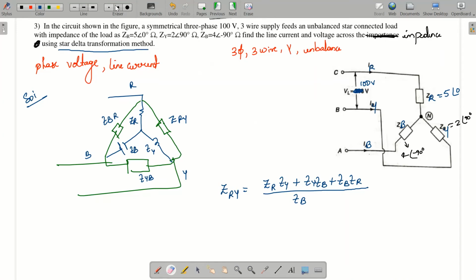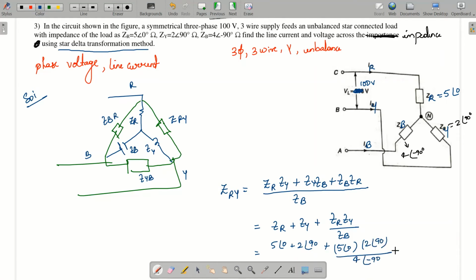In the simple way, write it as ZR plus ZY plus ZR ZY divided by ZB, which is 5 at an angle of 0 plus 2 at an angle of 90 plus 5 at an angle of 0 times 2 at an angle of 90, divided by 4 at an angle of minus 90. Solve it, and we get 3.2 at an angle of 38.66 ohms.